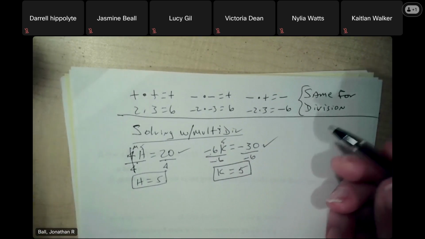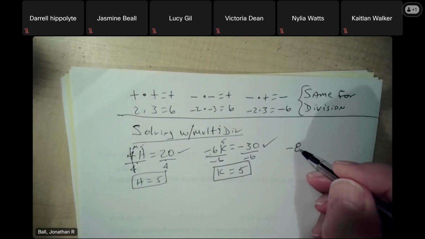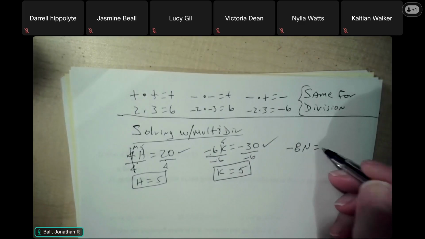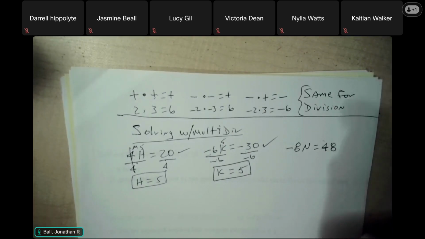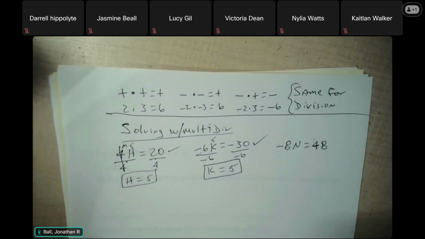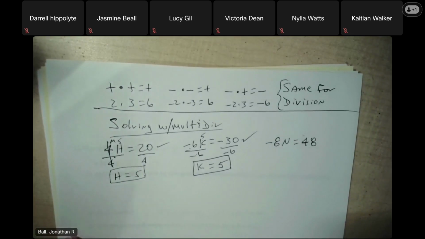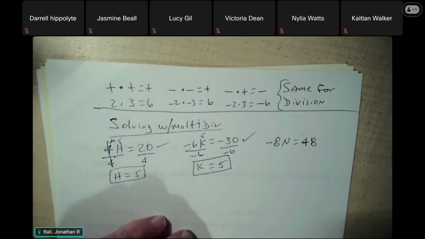Okay. Negative 8n equals 48. If you can't read my writing, please be sure and tell me. You're not going to hurt my feelings. I know how bad it is. I used to tell people that it's a product of too much education, but nobody ever believes that.